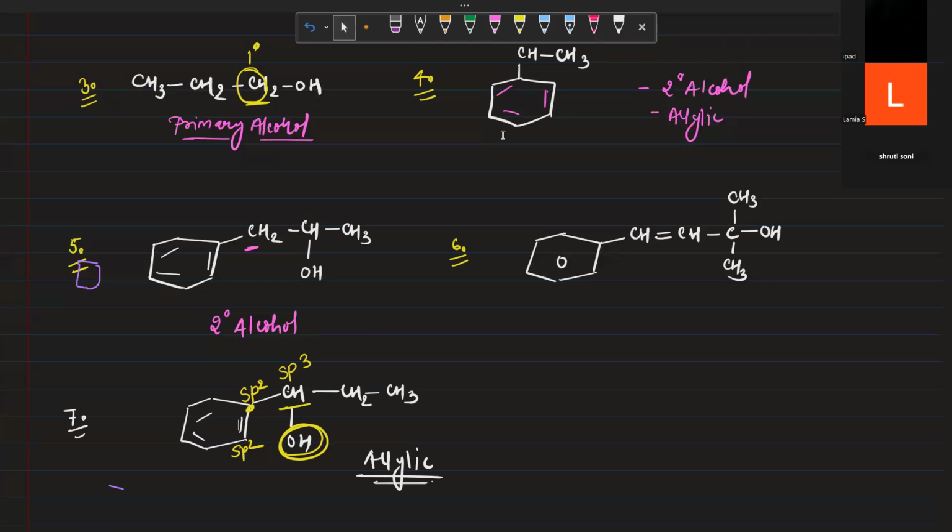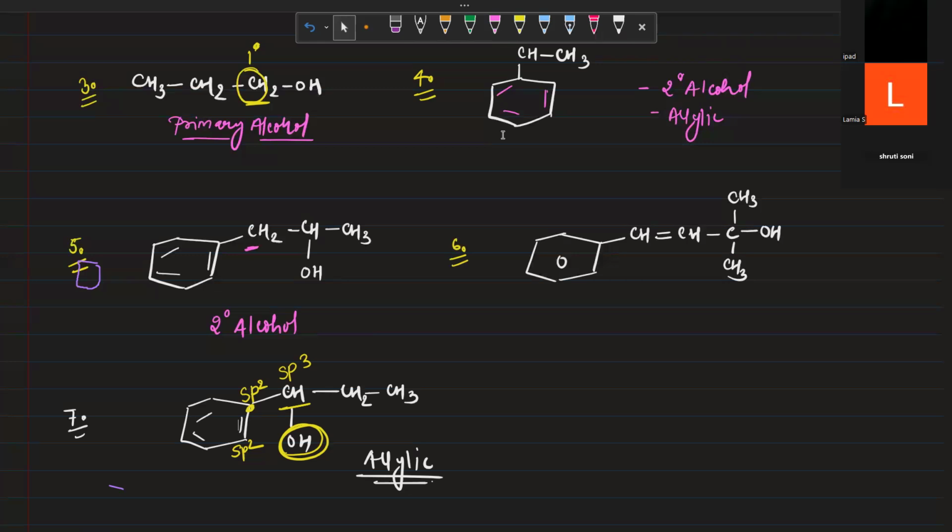Okay. So then, but the OH is not attached to the ring.